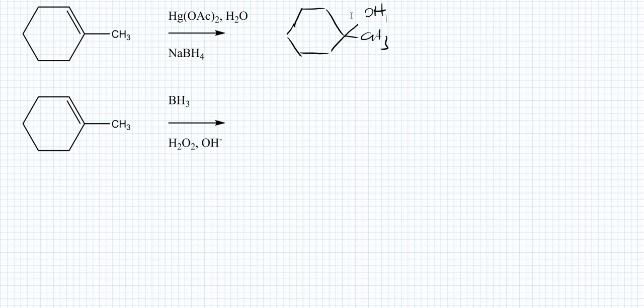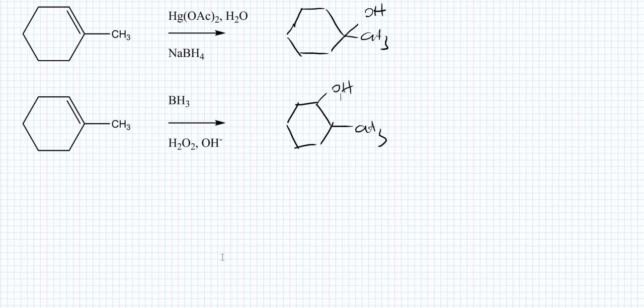So basically the opposite product if we compare the previous option. So hydrogen will be added to carbon with less hydrogen, and OH has to be added here. So let's write here CH3, and this is OH.